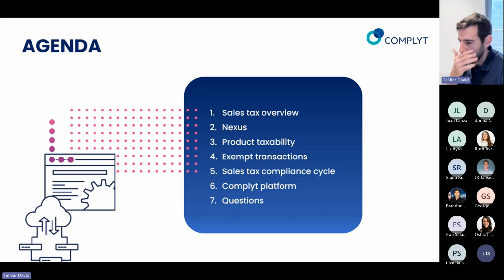Then we're going to dig into the fundamentals of sales tax, as you can see here: the term nexus, and how your products and services are affected, whether they are taxable or not. We're going to discuss some exempt transactions, the compliance cycle and how it looks, and then at the end we're going to discuss our platform to show you how things are done properly and easily with automation.